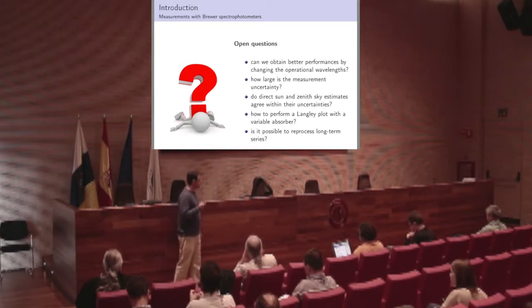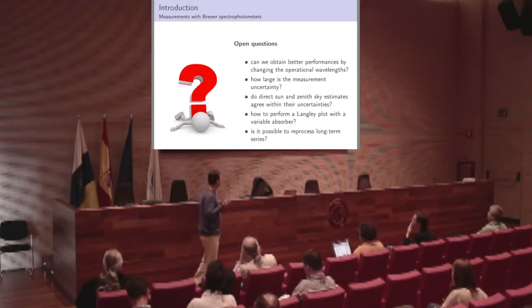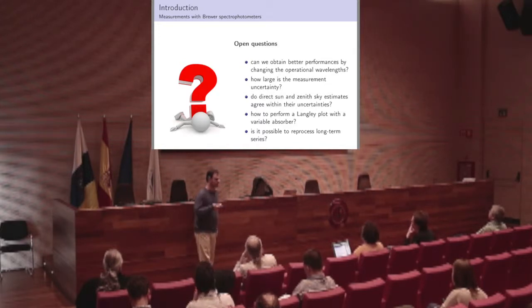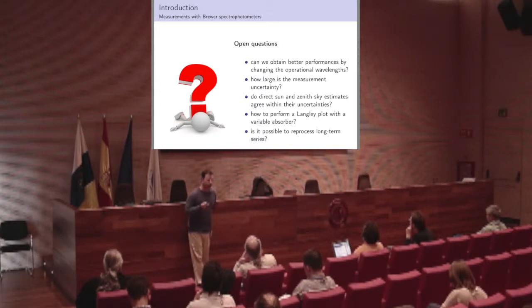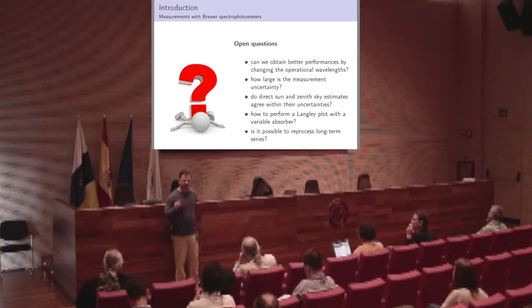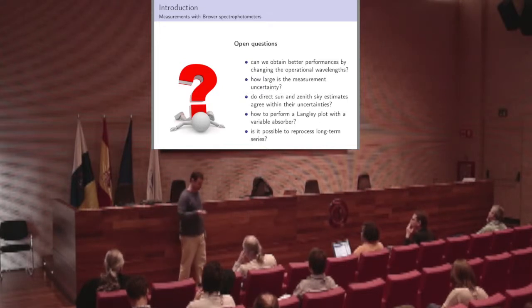And no published paper exists on the comparison between the results using direct sun measurement and zenith sky measurements for nitrogen dioxide. Also, the Langley plot is not straightforward because it is usually strictly defined for stable absorbers during the day, while the nitrogen dioxide increases during the day due to the photochemistry.